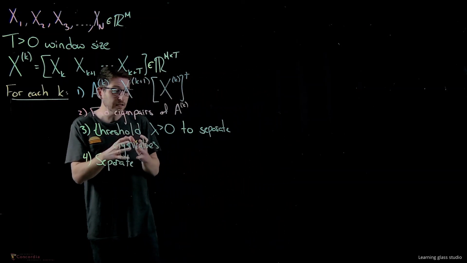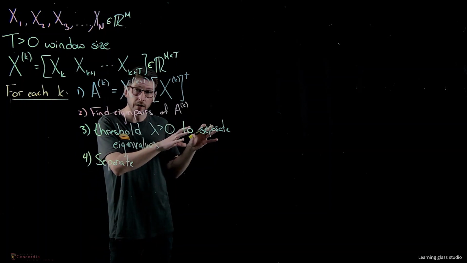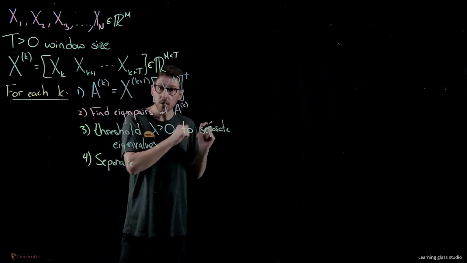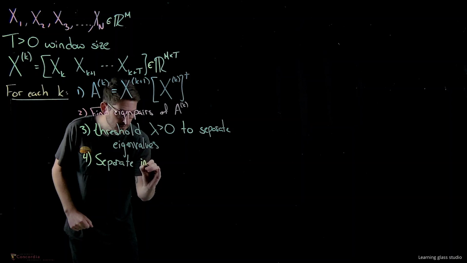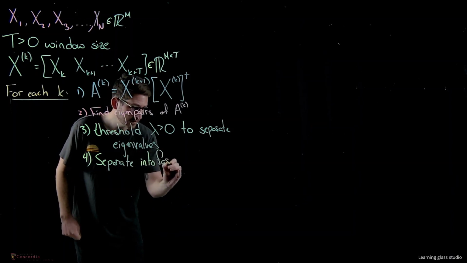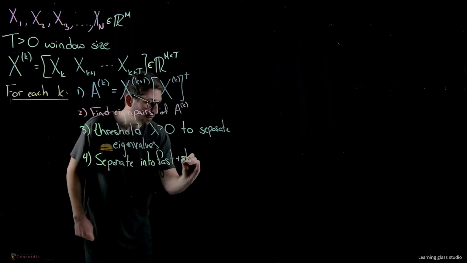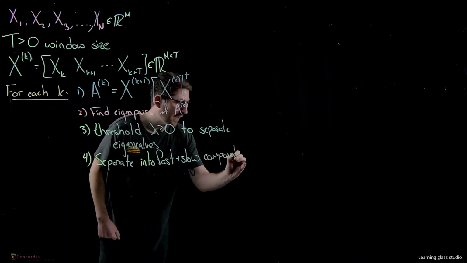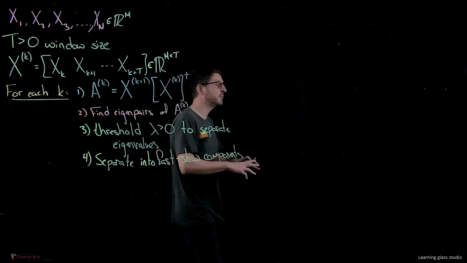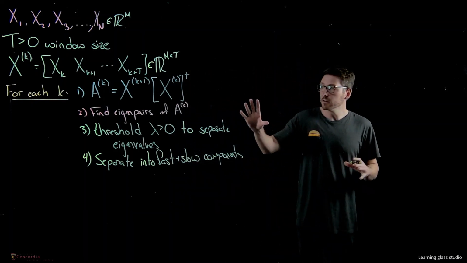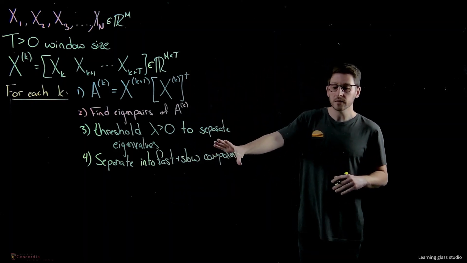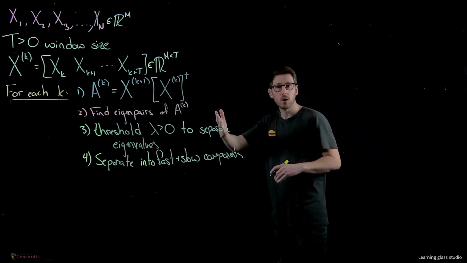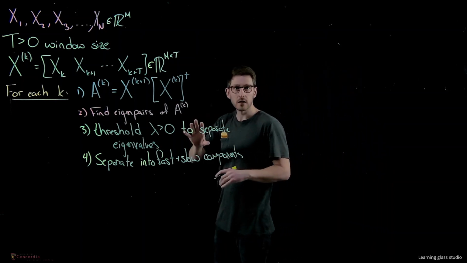And I could take everything associated to the slow eigenvalues and keep those. So separate into fast and slow components. Now, I know that I'm doing this without a whole lot of math because actually writing the math becomes a little bit complicated. I'm giving you this sort of algorithm here, and we're going to actually apply this in a moment. You'll see it demonstrated later on in this video.